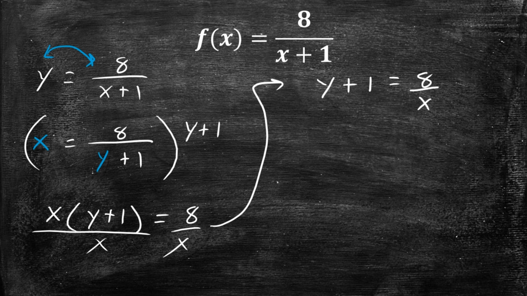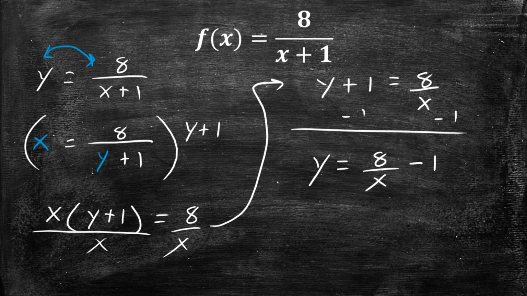And now we just have to subtract 1 from both sides, and we get y is equal to 8 over x minus 1. All right, and the last step here is to rewrite it in the proper form. So f to the negative 1 of x is equal to 8 over x minus 1.